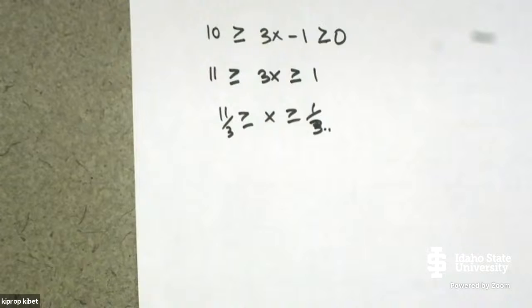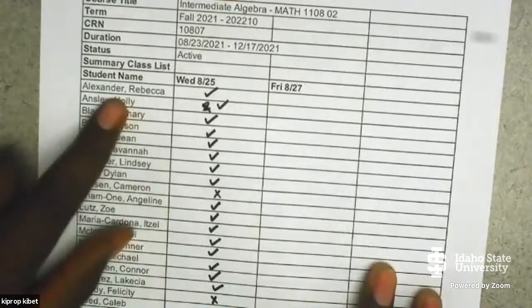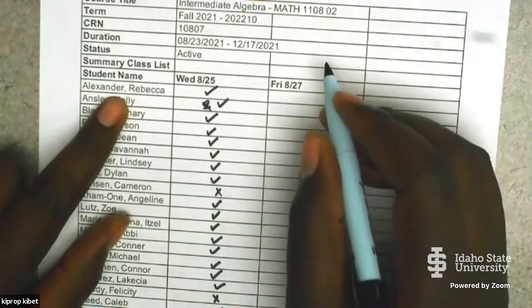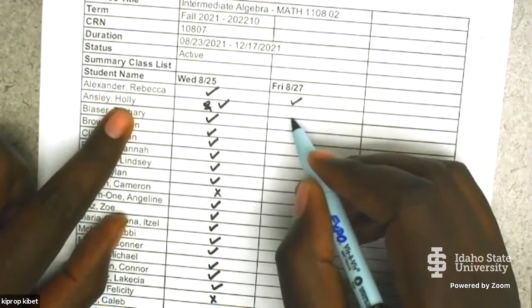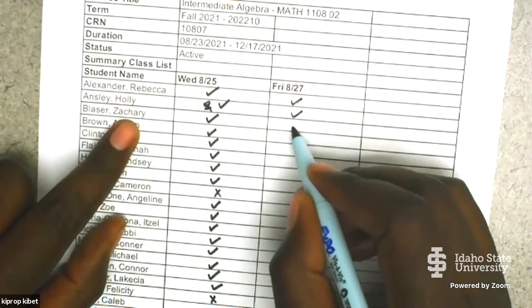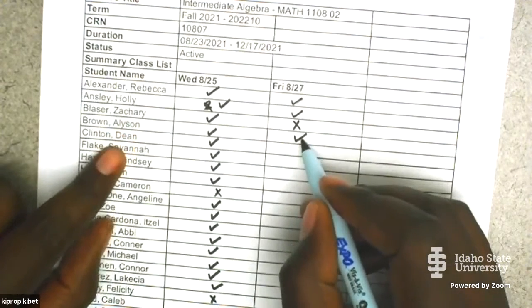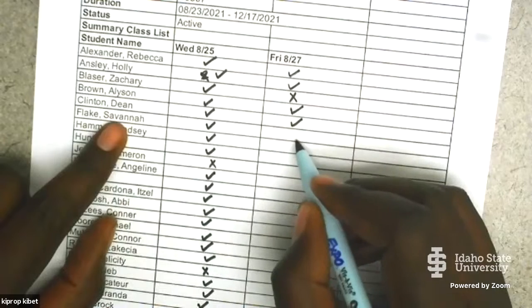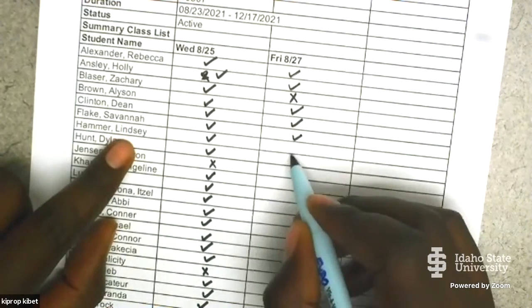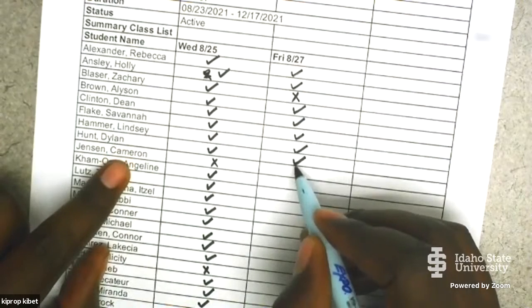Okay, before you leave, attendance. Alexander, Rebecca, Holly, Zachary, Brown, Clinton, Savannah, Nancy, Hunt, Cameron.